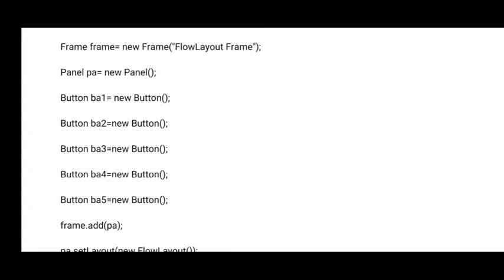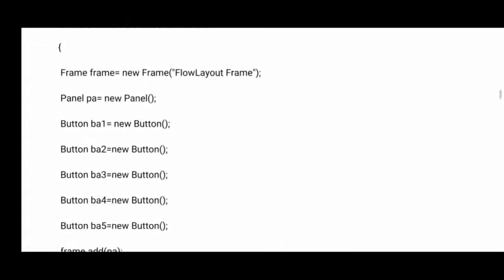Next you need to add these components to the frame using the add method. After that you need to set the size of the frame also. Understood? First the frame object, next the button objects, next add the buttons to the frame, and next give the size of the frame also.